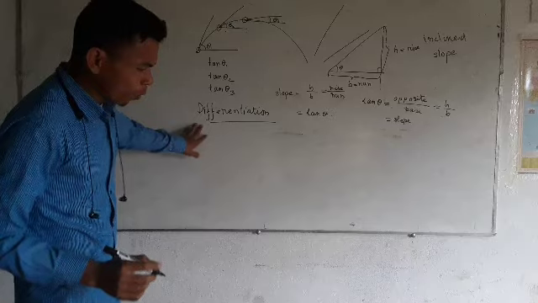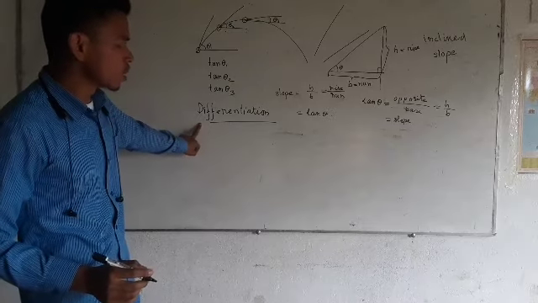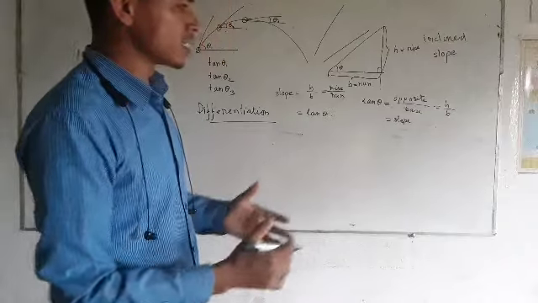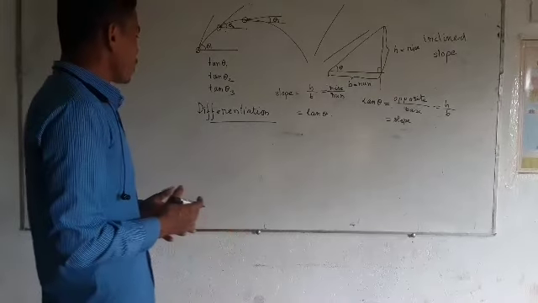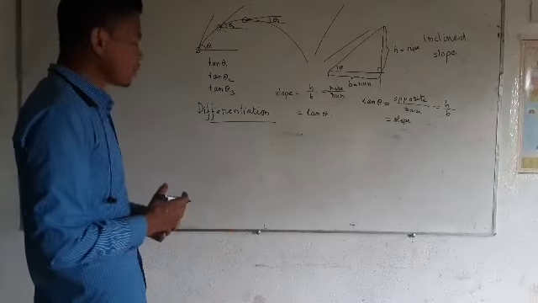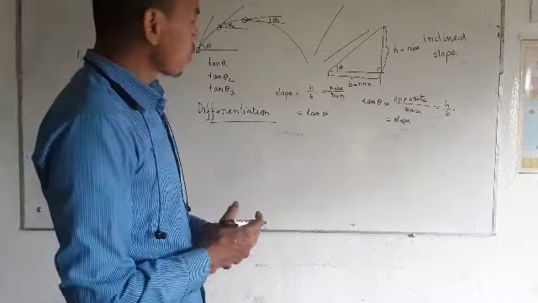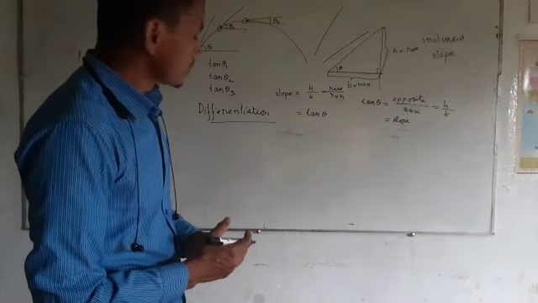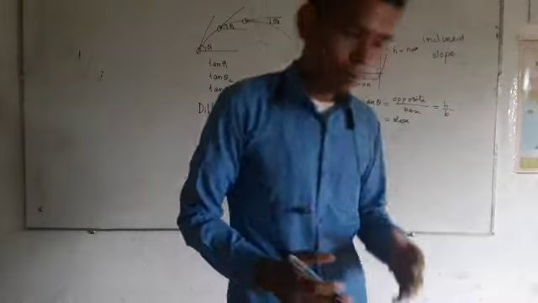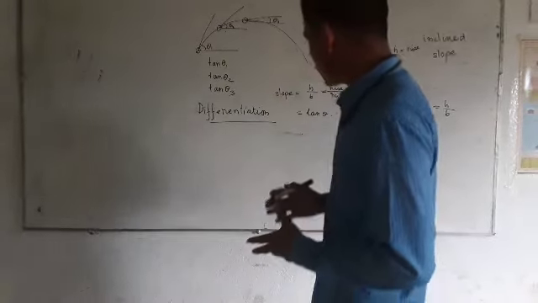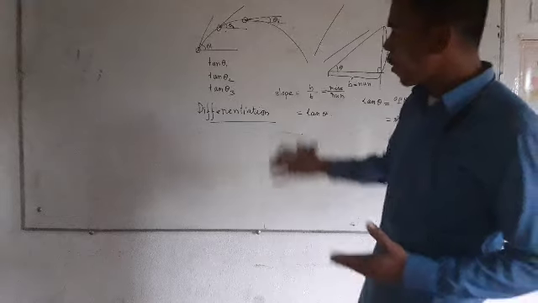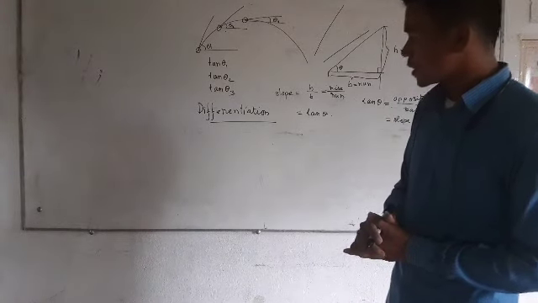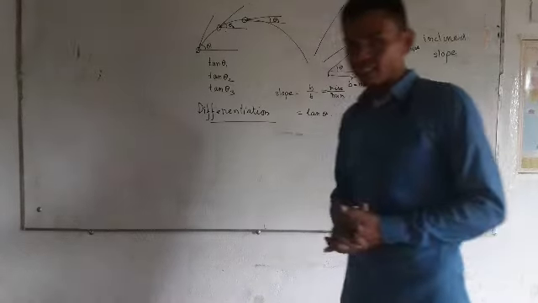Okay, if we know the process of differentiation, without even drawing the graph and the tangents, we will be able to find the value of the slope of the region or slope of the surface at a particular point, without drawing the tangents.